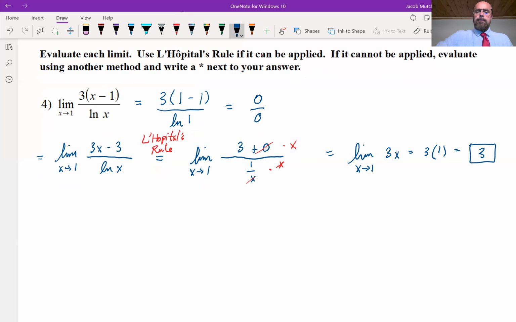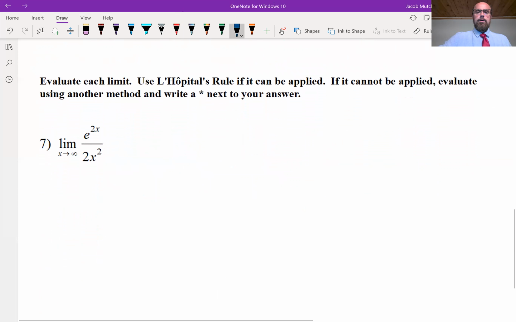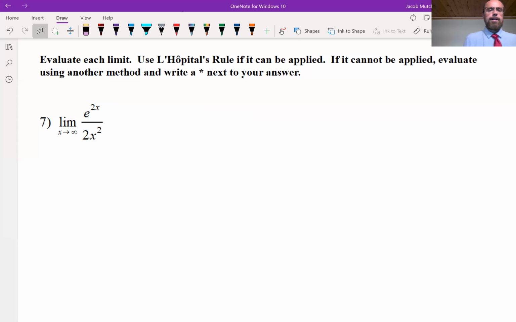Let's take a look at a third example here. So here we're looking at the limit as x approaches infinity of e to the power of 2x over 2x squared. So if I were to attempt direct substitution with infinity, I would be plugging in infinity into the exponent, and I can just imagine that as I raise some base to an infinite power, the whole thing is going to approach infinity.